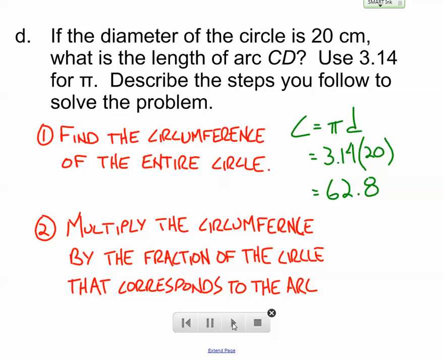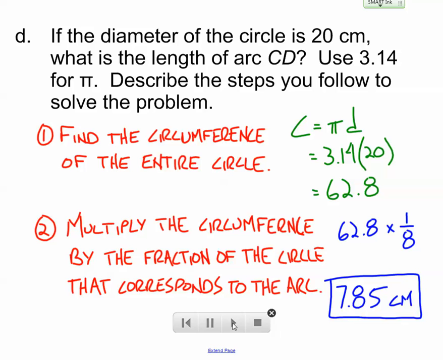So in this case, since it's 1/8 of the circle, we'll just go 1/8 times 62.8, dividing it by 8 basically, and we'll get the final answer, 7.85 centimeters.